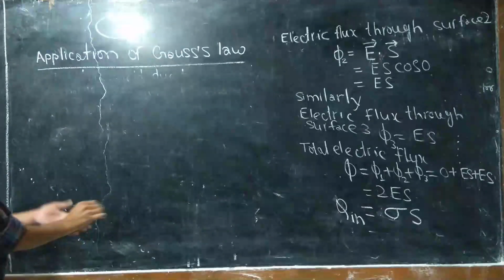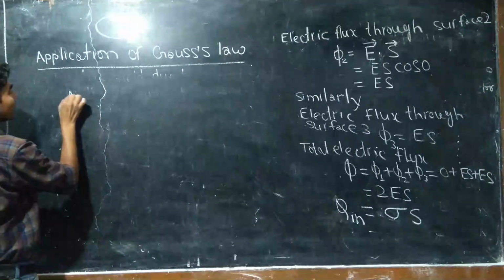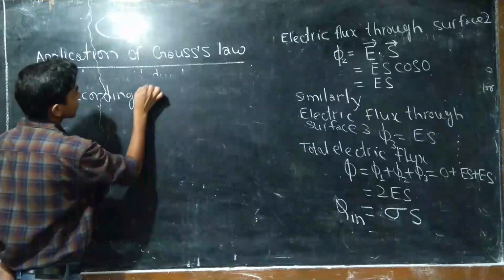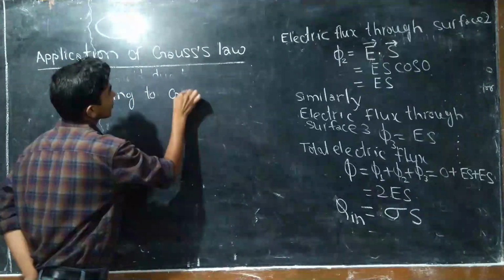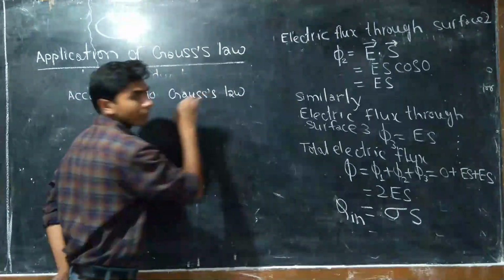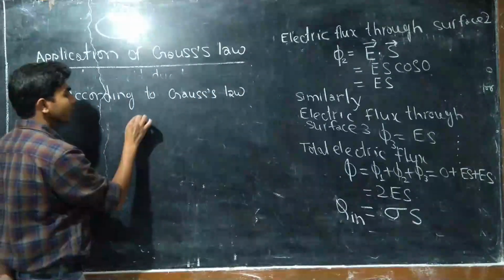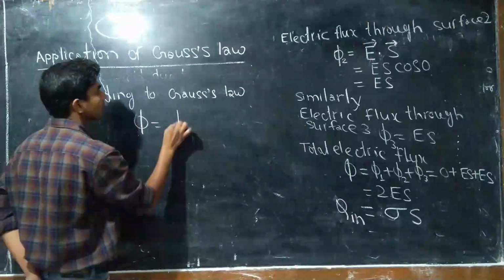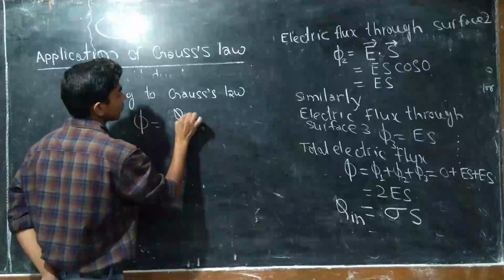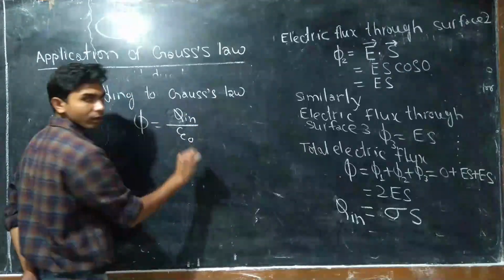Now, according to Gauss law, what is Gauss law? Phi is equal to Q in by epsilon 0.